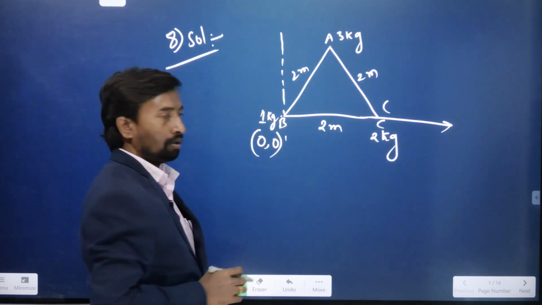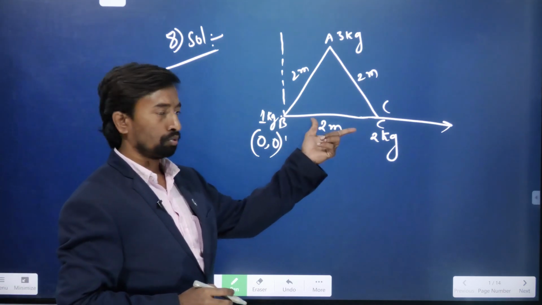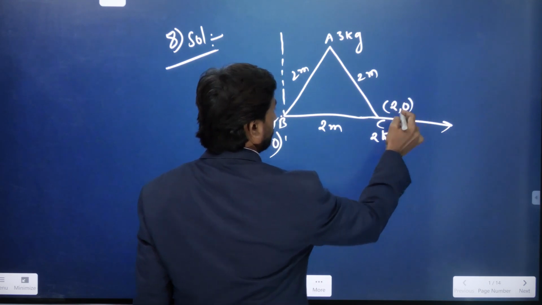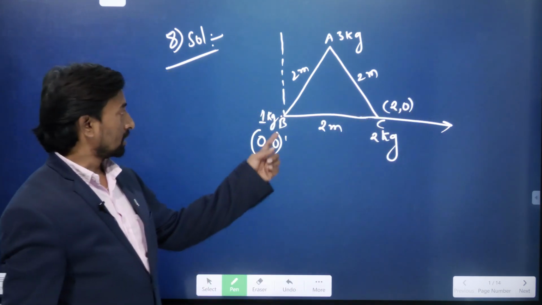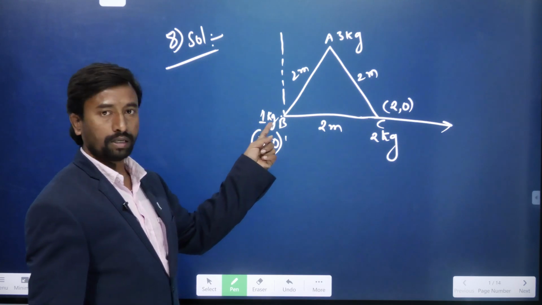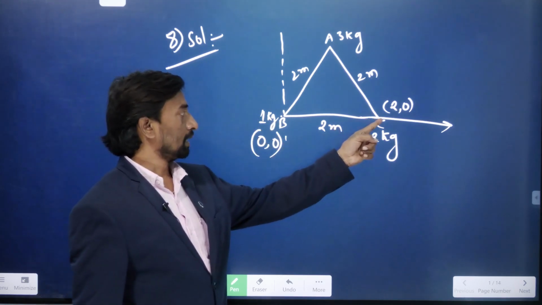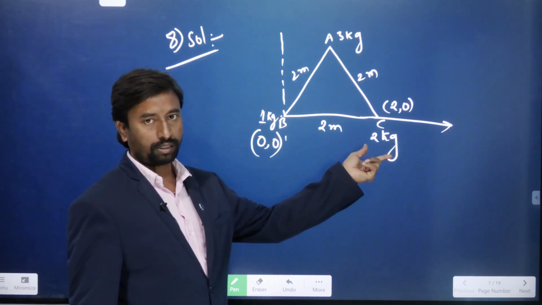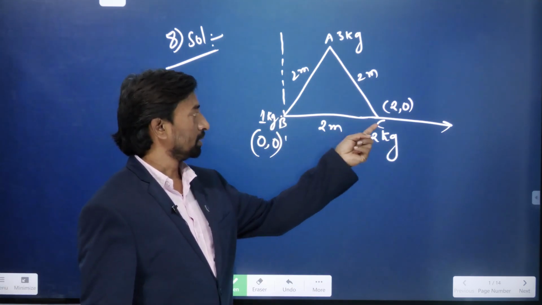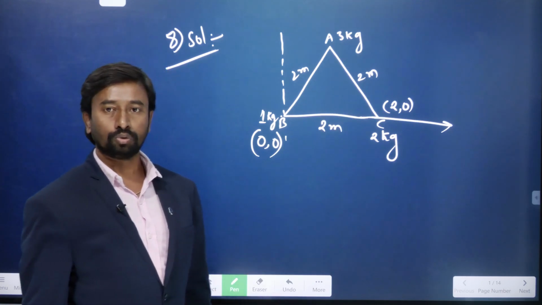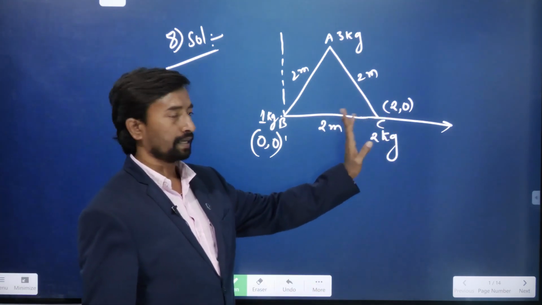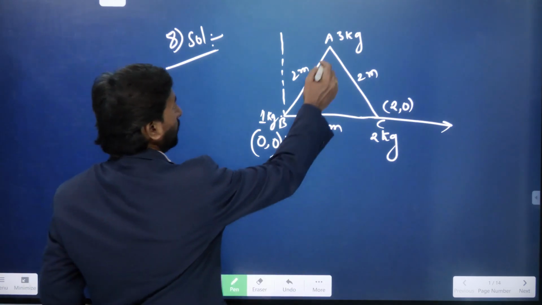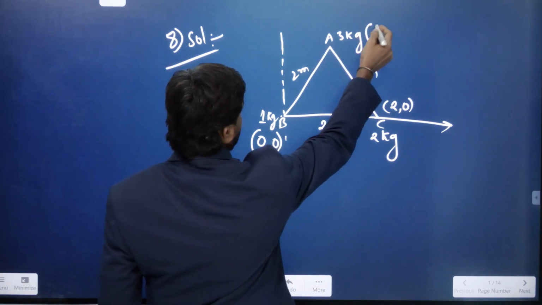So the x coordinate will be 2 meters and the y coordinate will be 0 because it is on the x axis. So the coordinates of the 2 kg mass are 2, 0. Now we should find out the coordinates of this particle.